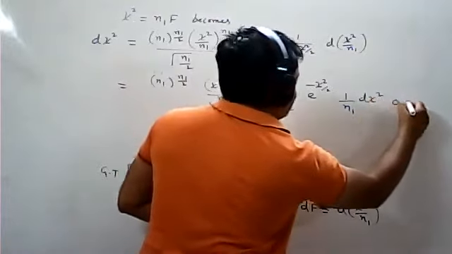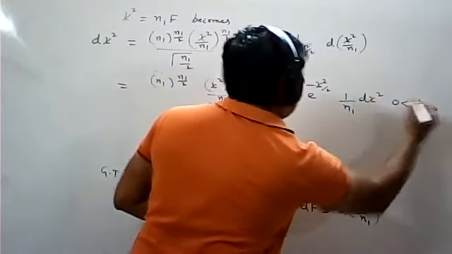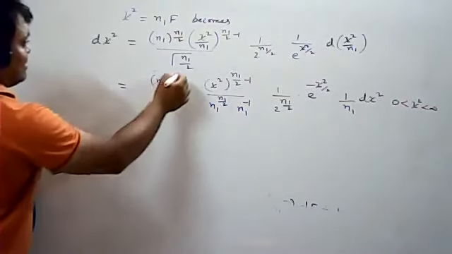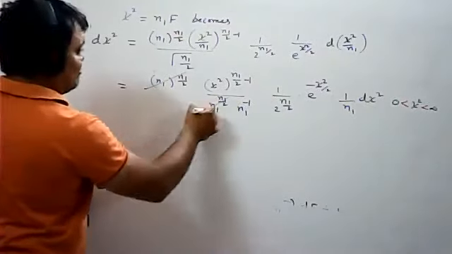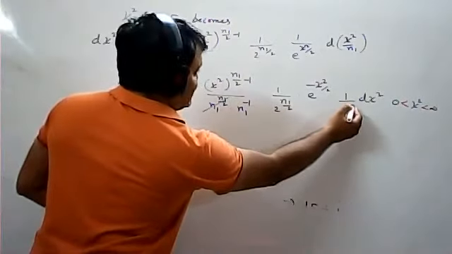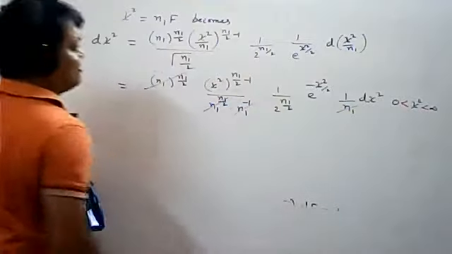Now the limits of chi square, all of you know, 0 is less than chi square is less than infinity. Now what are the terms that will be cancelled? N power N1 by 2 cancels. This is N power minus 1, this is N power 1, so N power 1 and N power minus 1 get cancelled.